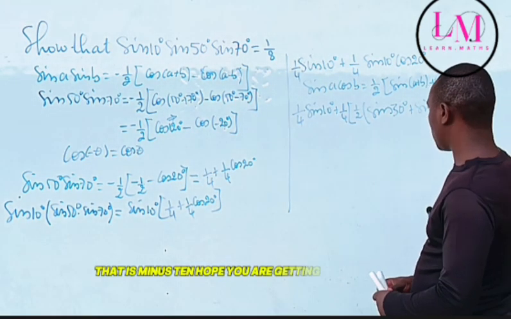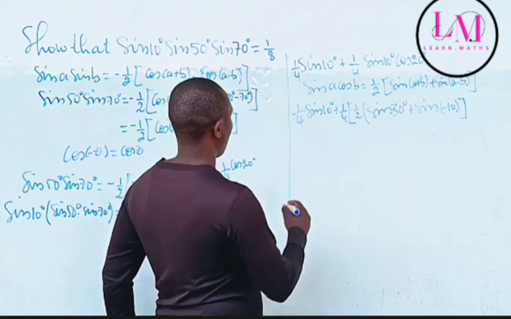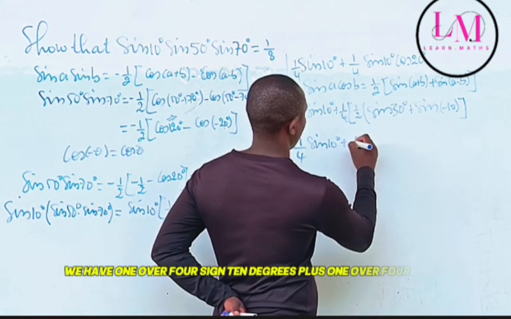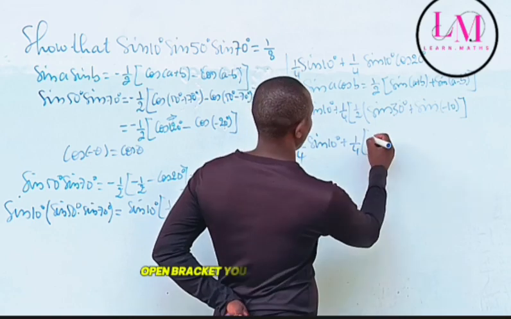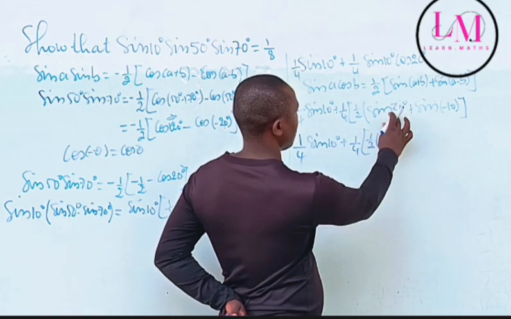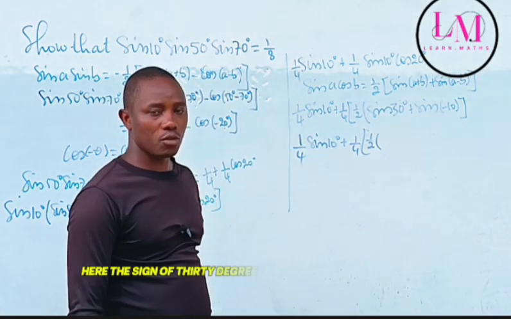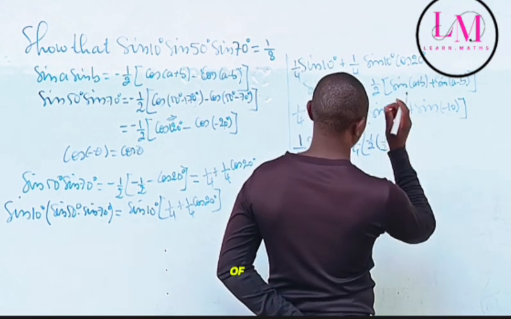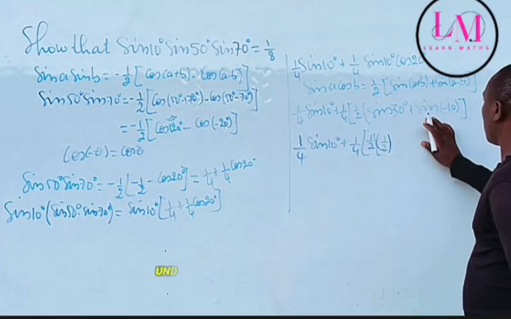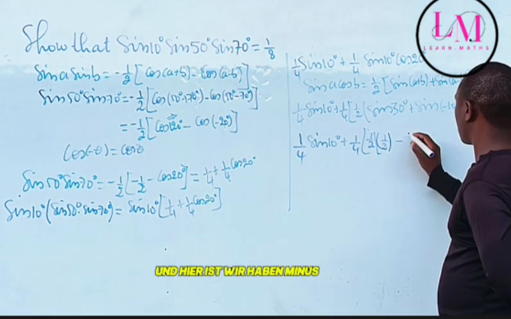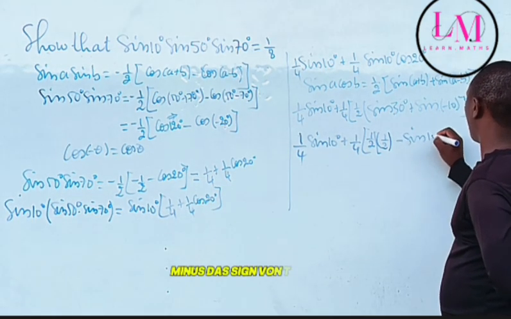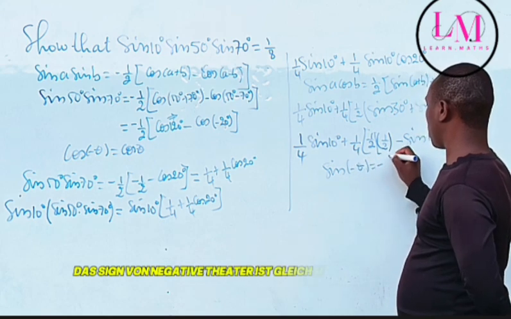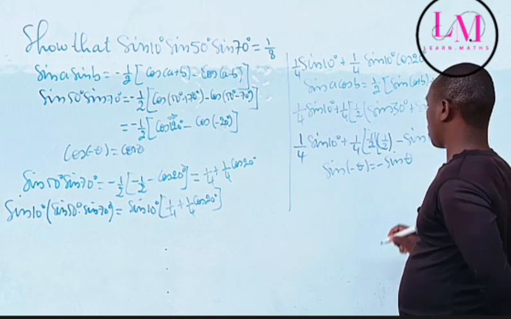Hope you are getting this. We have 1 over 4 sine 10 degrees plus 1 over 4 open bracket, a half of, here the sine of 30 degrees is a half, and here we have minus the sine of 10, from the fact that sine of negative theta is equal to minus sine of theta.